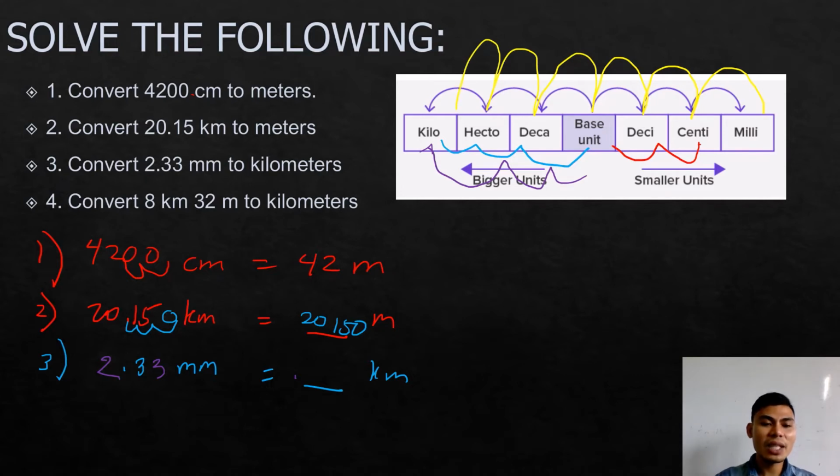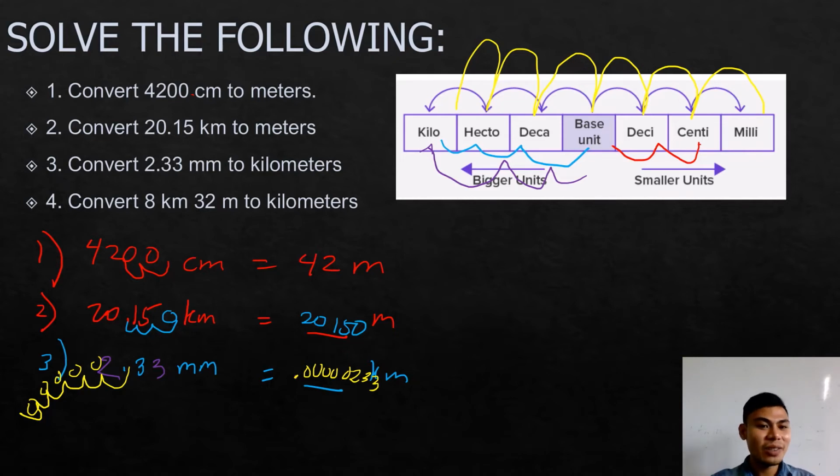So, dapat 6 times ka mag-move. 1, 2, 3, 4, 5, 6. Hala, ang raming zero. And that's the answer: 0.0000233 kilometers. Di ba? No need for calculator. You will just move from left to right or right to left.